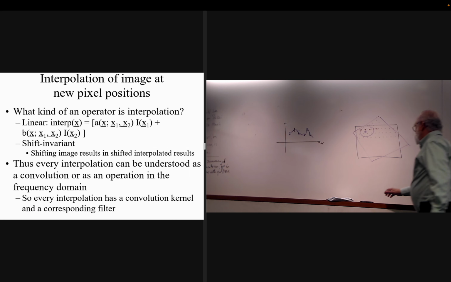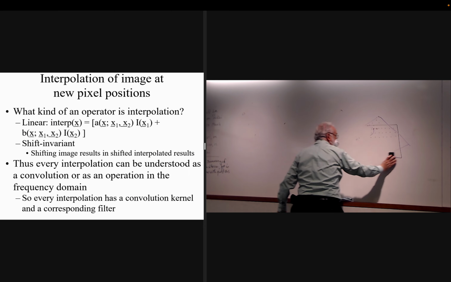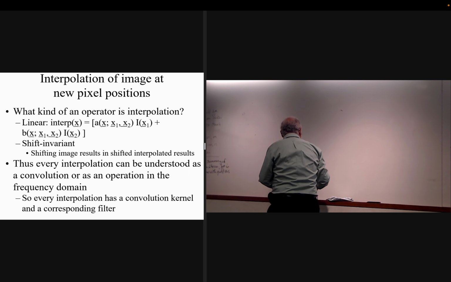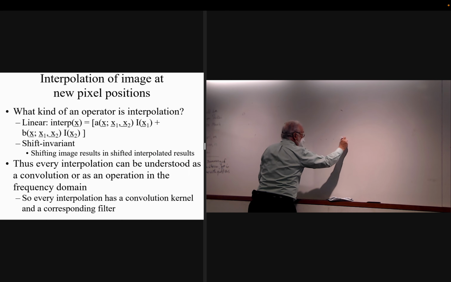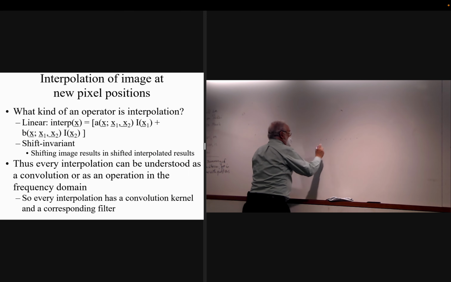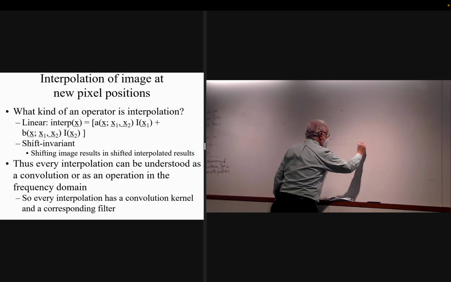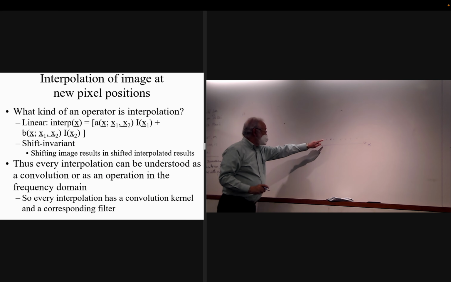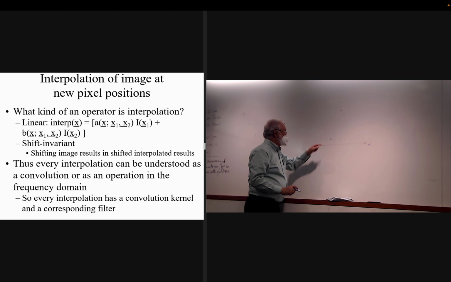Now let's talk about an interpolation operator, any interpolation operator that we're going to think about. We'll use linear interpolation as an example. In one dimension, you have equally spaced points, and now I want to get a new value here. Okay, this is x. These are all intensity values, and we want to get an intensity value at this position here.